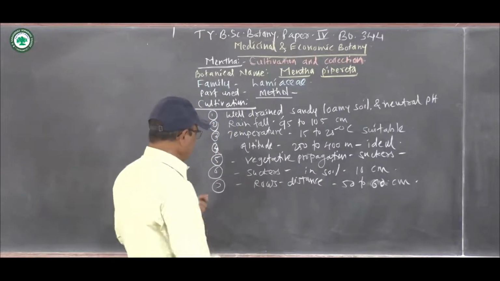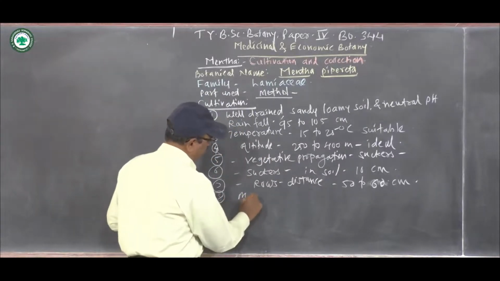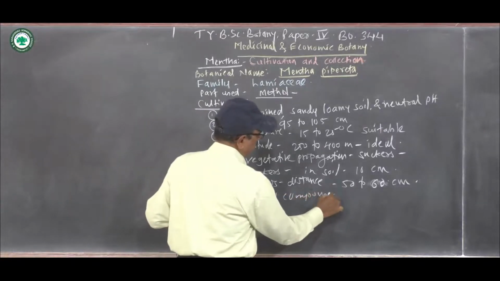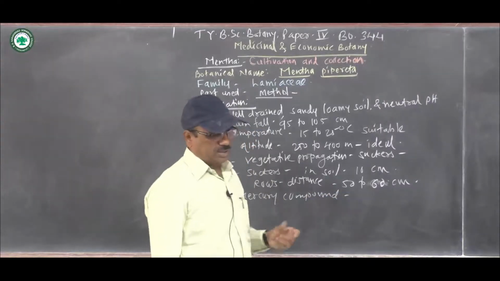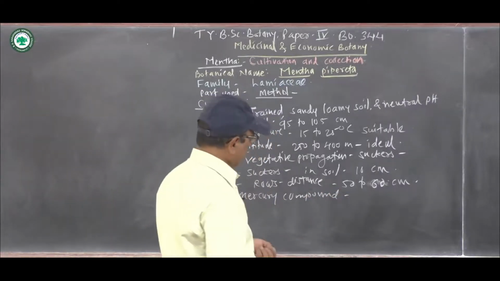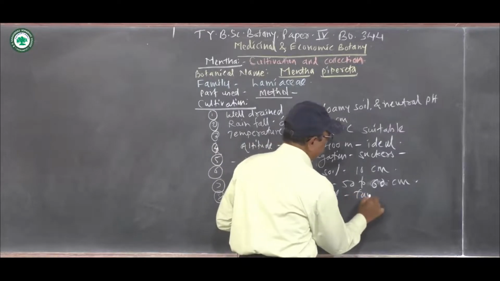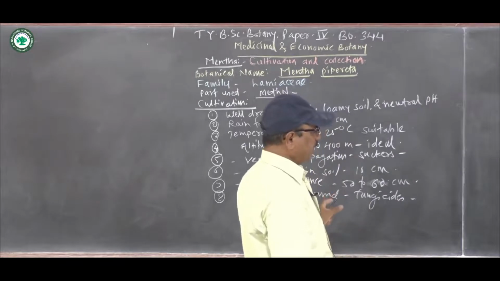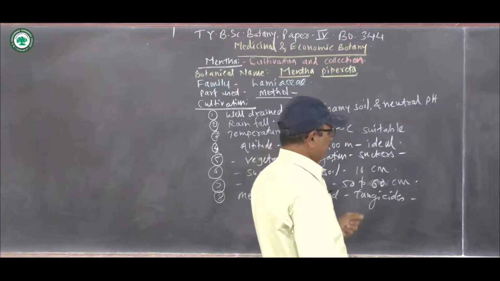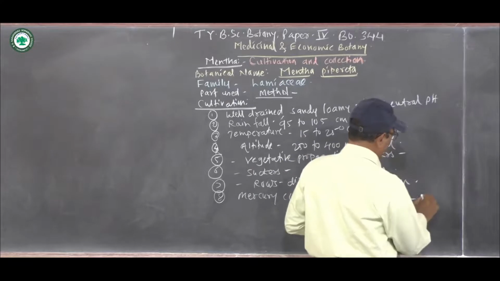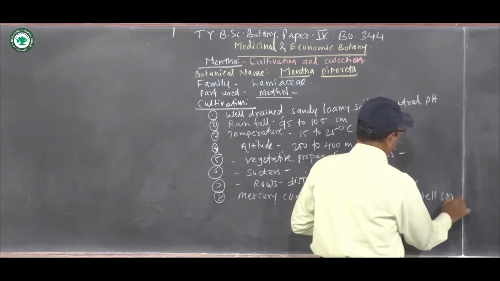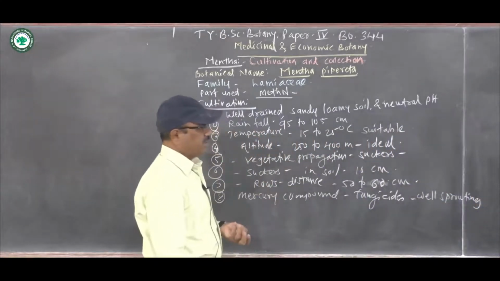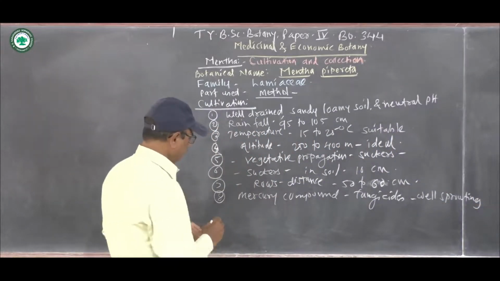Then the mercury compound products or mercury compound fungicides are very effective for controlling the pest and for the well sprouting. So for well sprouting, these mercury compound fungicides are very commonly used.